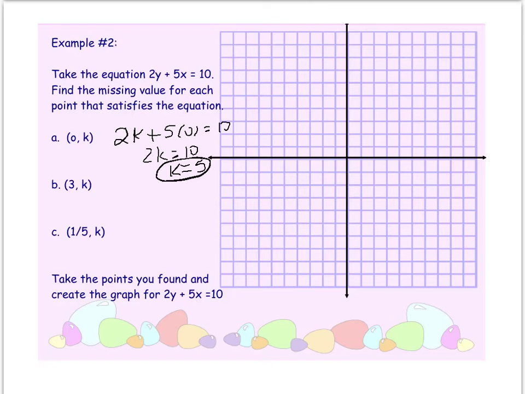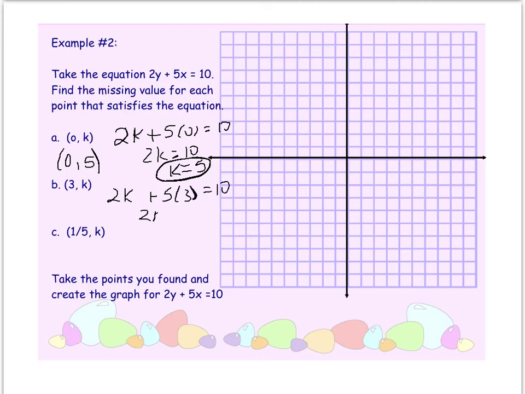And if we plug in 0, 5, that means the point should really be 0, 5. Into the equation, we should get 2 times 5, which is 10, plus 5 times 0 should equal 10, and it does. Okay, so let's do this one more time. We've got 3 comma k, so we'll have 2 times our y value, which is k, plus 5 times 3 should equal 10.